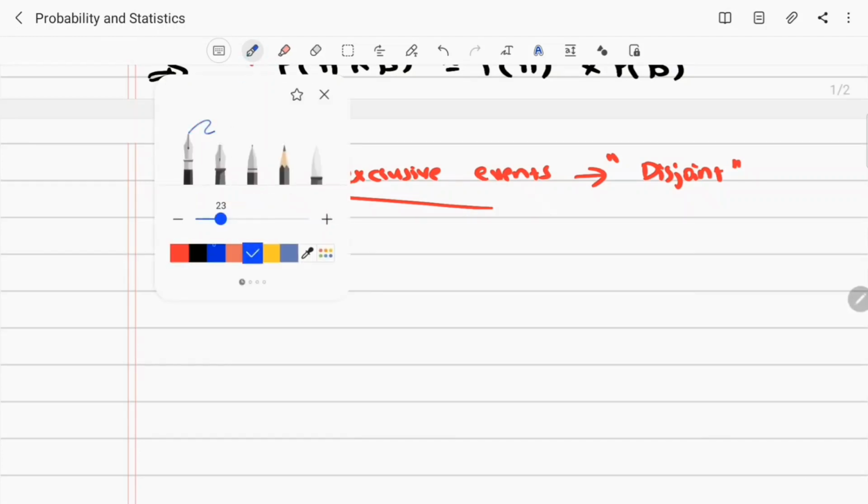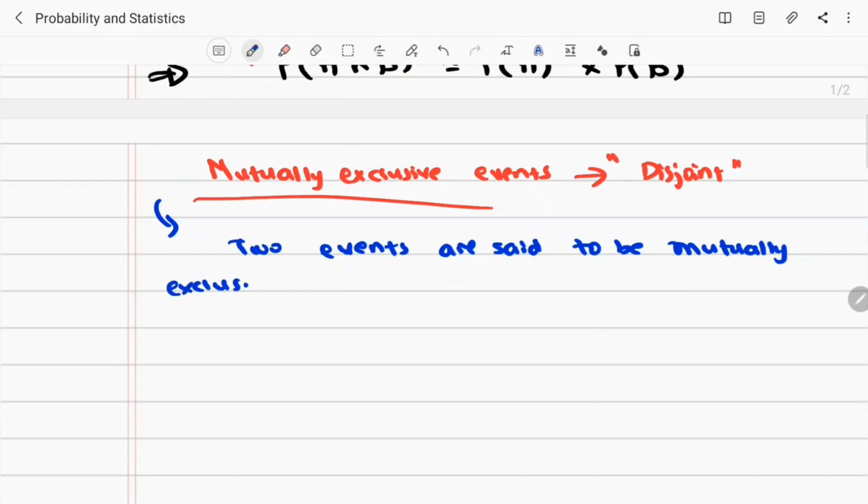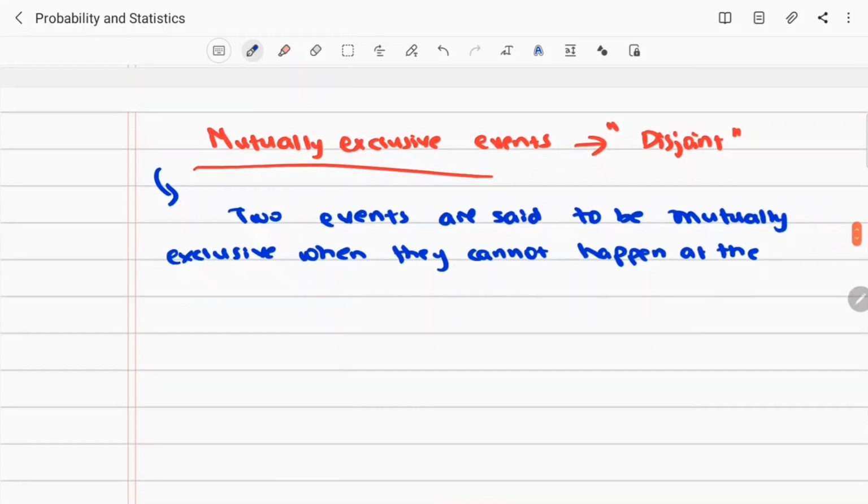So two events are said to be mutually exclusive when they cannot happen simultaneously.